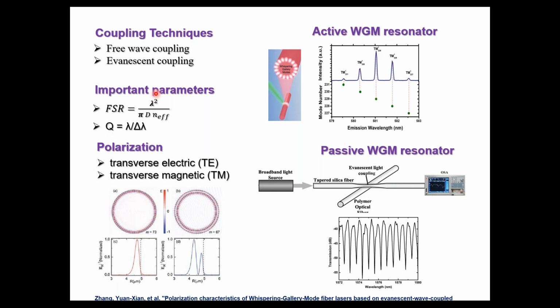We know this parameter FSR, free spectral range, that is the separation between the wavelengths that are selected. We have already discussed this, and also the Q factor. These are the two important parameters. If your delta lambda is very small, you have a high Q value. The polarization can be transverse electric and transverse magnetic.